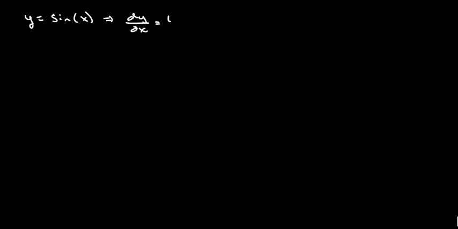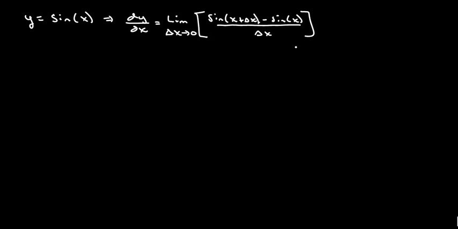And if you remember, the definition of the derivative is the limit as delta x goes to 0 of the sine at x plus delta x minus the sine at x, all over delta x.